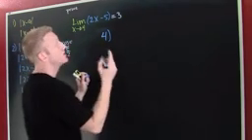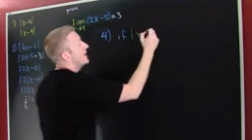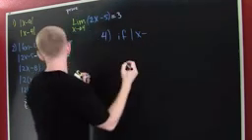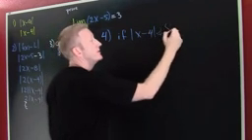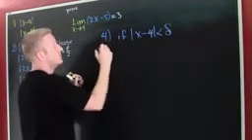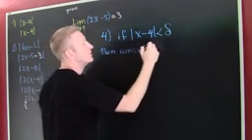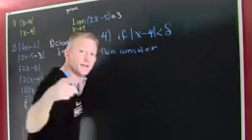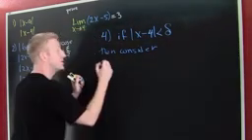What do we state? We first start: if the absolute value of x minus my a, 4, is smaller than delta, then consider the function minus the limit. Why? Because we're trying to do an epsilon delta proof.